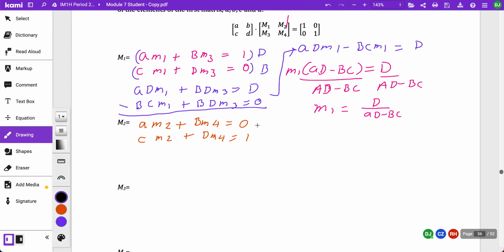So what I'm going to do then is multiply the top one by D and the bottom one by B. That would make these two variables exactly the same. So I would be left with, in ABC order, A, D, M2 plus B, D, M4 equals 0.